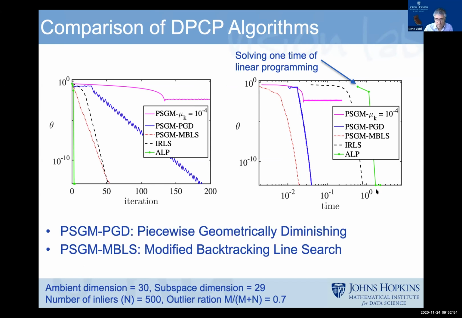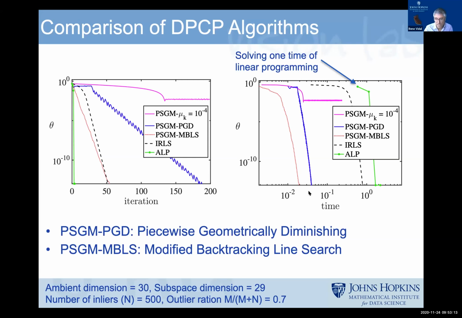This is a comparison of various different methods, but what I'm trying to advocate is that the red and the blue are the winning methods. The red is the projected subgradient method where the rate is chosen via backtracking.